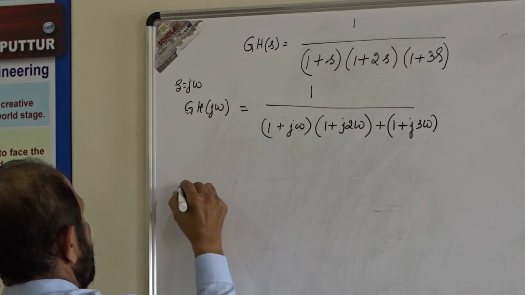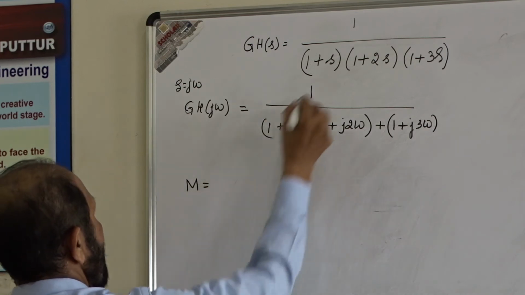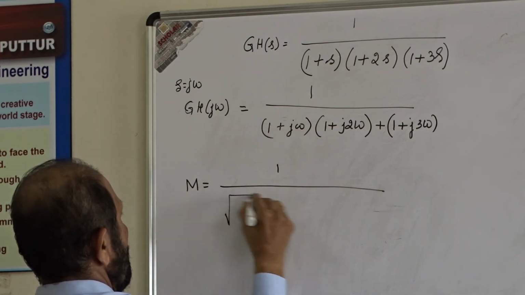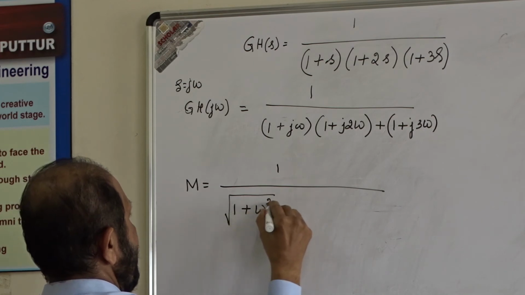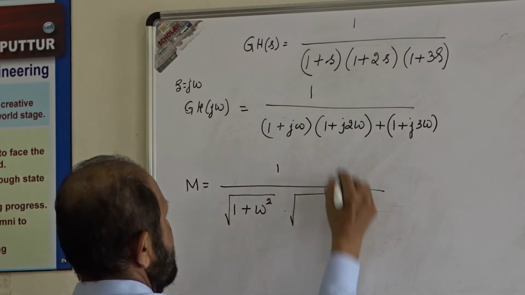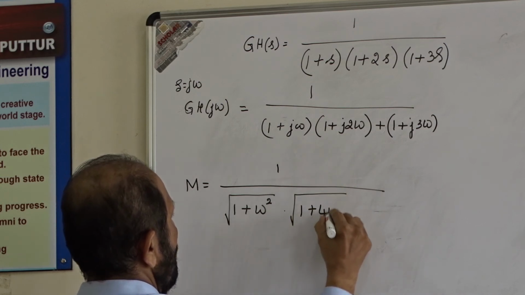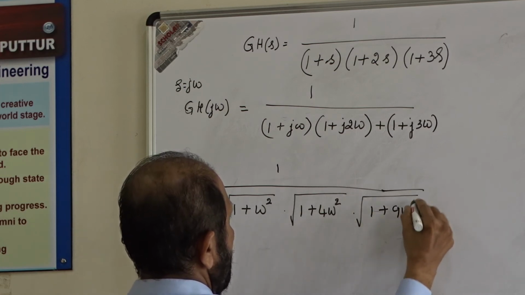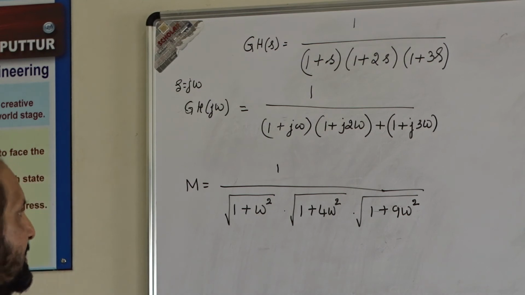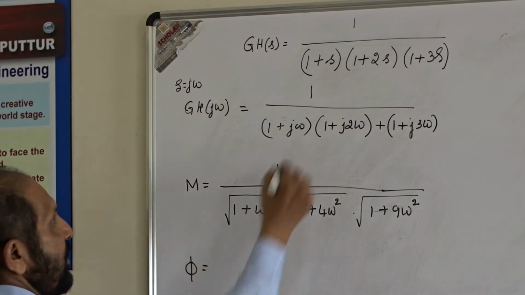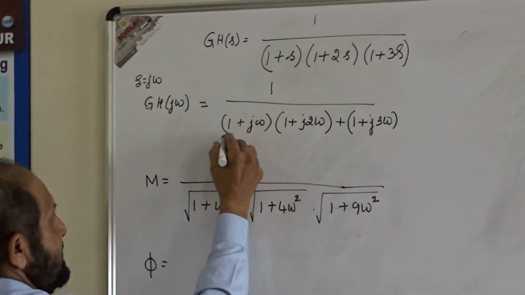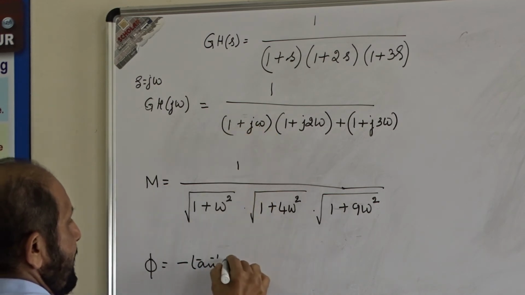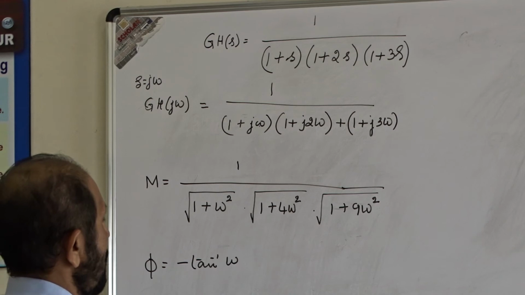So magnitude is given by the magnitude of the numerator, which is 1, divided by the magnitude of these terms: square root of 1 plus omega square, into square root of 1 plus 4 omega square, into square root of 1 plus 9 omega square. Phase angle is given by the angle of the numerator, a real number, so it is 0, minus the angle of this term, minus tan inverse of imaginary part divided by real part. Real part is 1, so it will be omega.